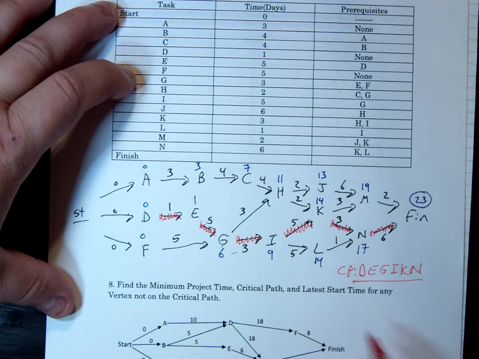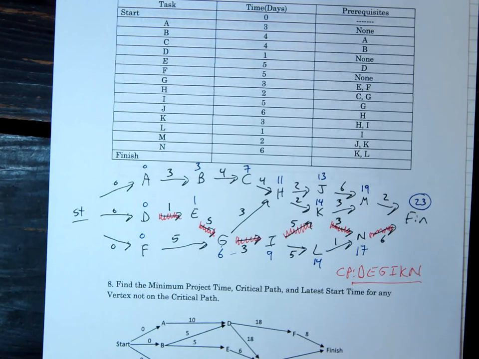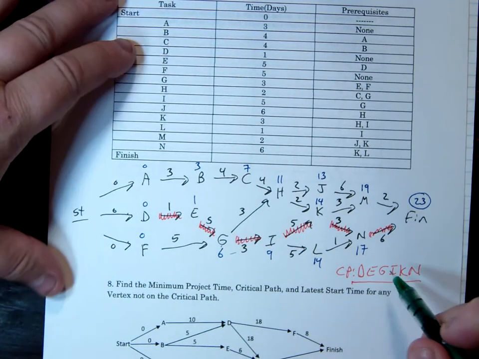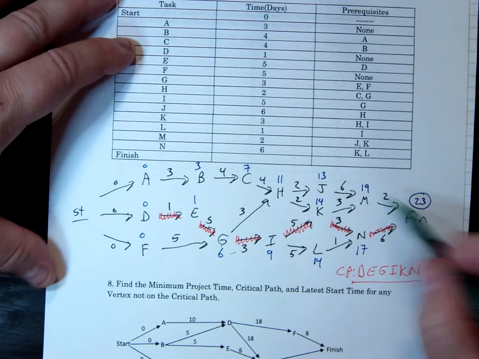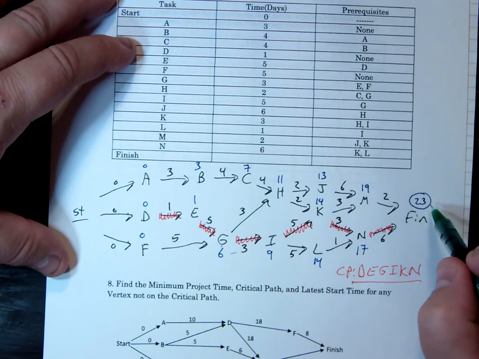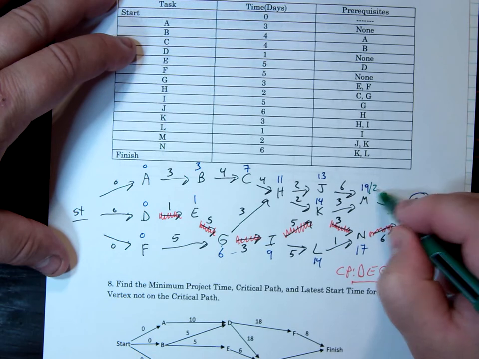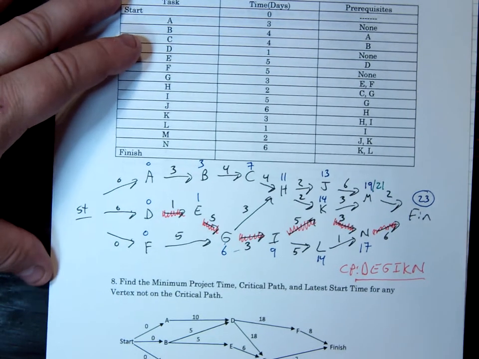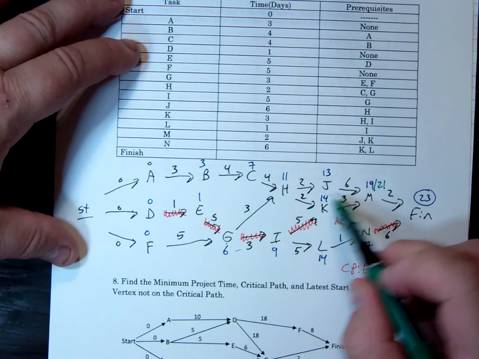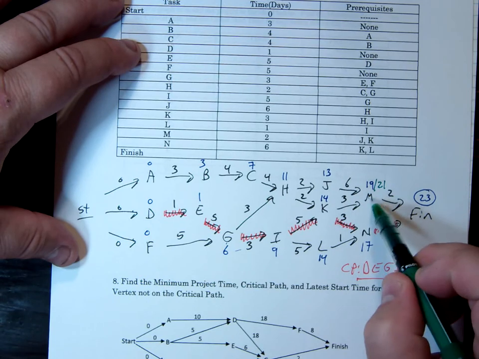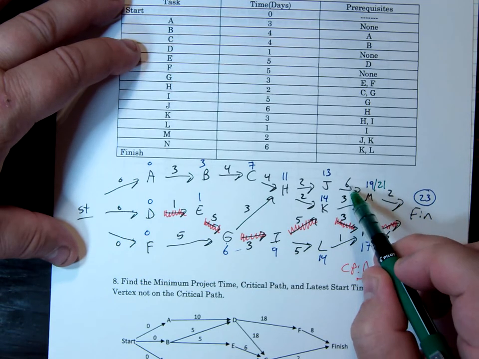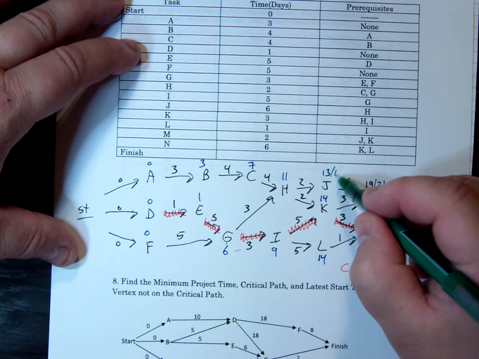And then all of the rest are not on the critical path, so they will have a latest start time. Go from the back. Like the 19 has to be done by 23, takes him 2 days. 23 minus 2, he could start after 21 days. 13, J doesn't have to have it done until 21 days. 21 minus 6 is 15, so he can start after 15 days.